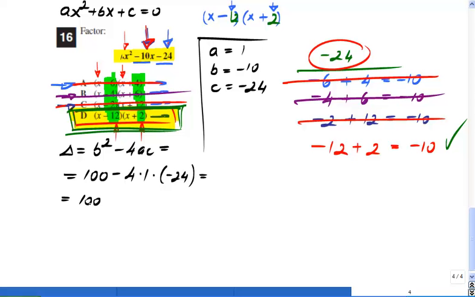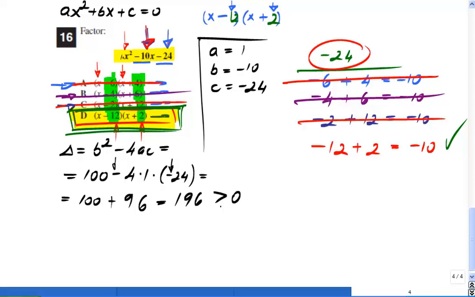So I have 100 minus 4 times negative 24. Minus here and that negative will become plus, right? And you have 4 times 24. 4 times 4 is 16, 4 times 2 is 8 plus 1, 96. And what you get here is 196.